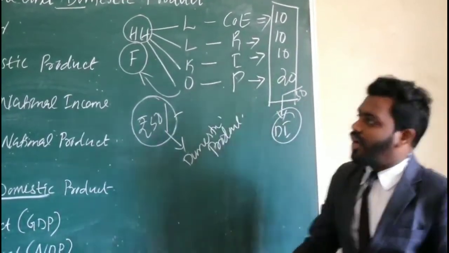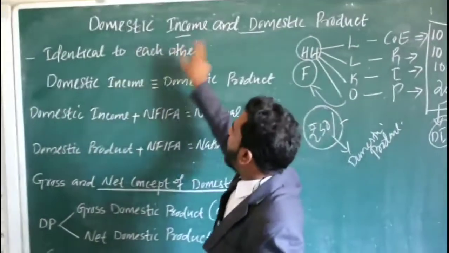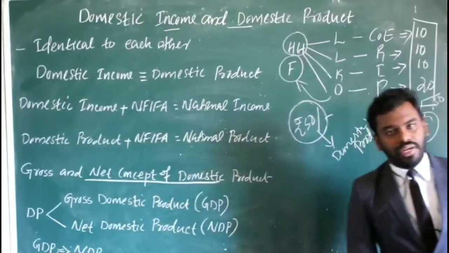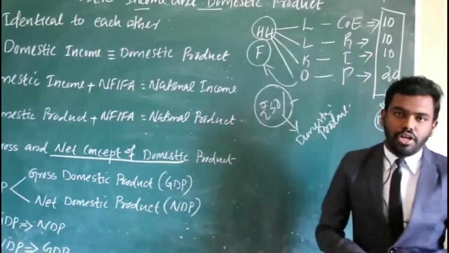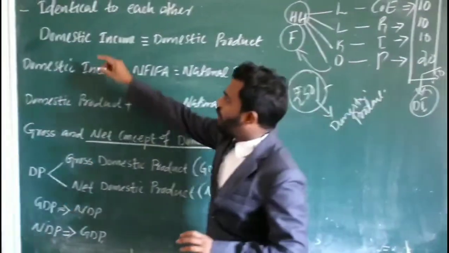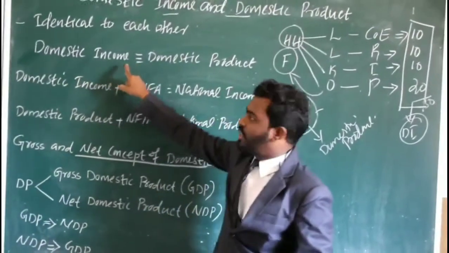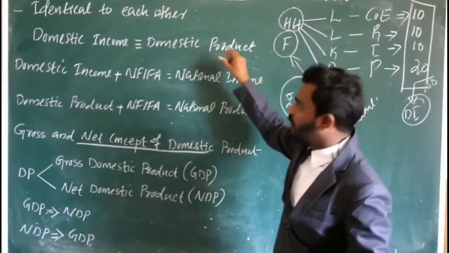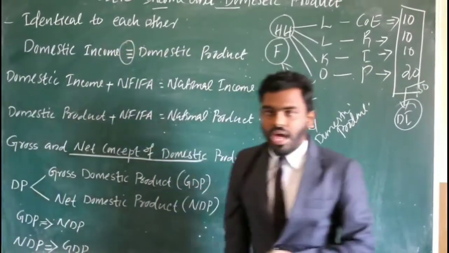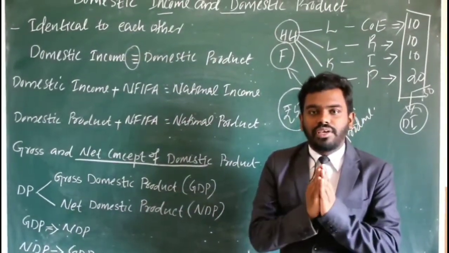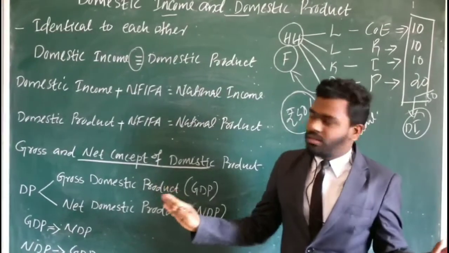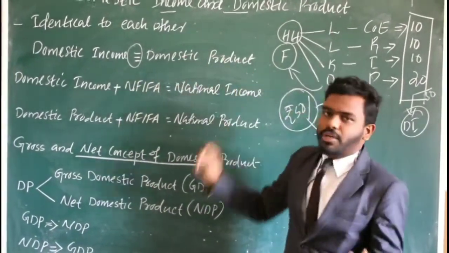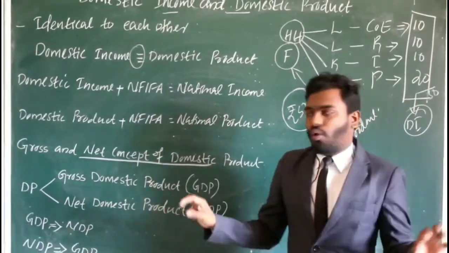That's why domestic income and domestic product are identical to each other. We can write it as domestic income is identical to domestic product. This is a symbol of identity. Identity means which will be equal always.